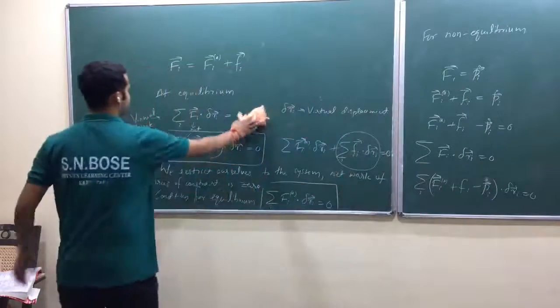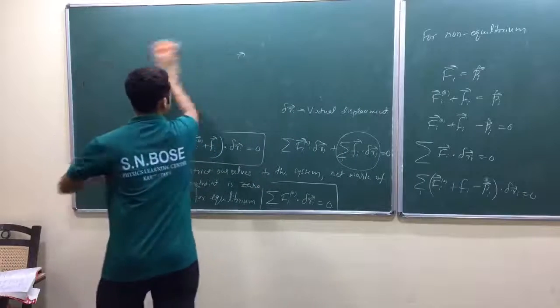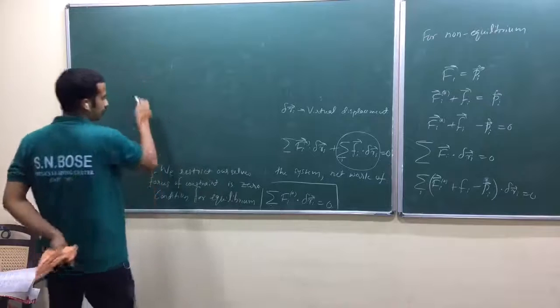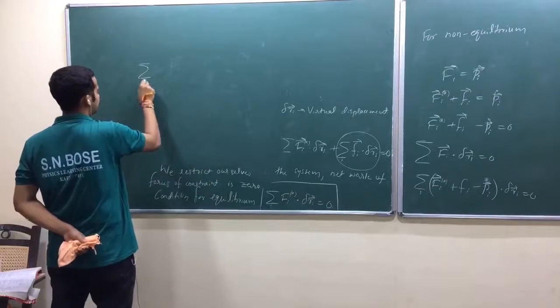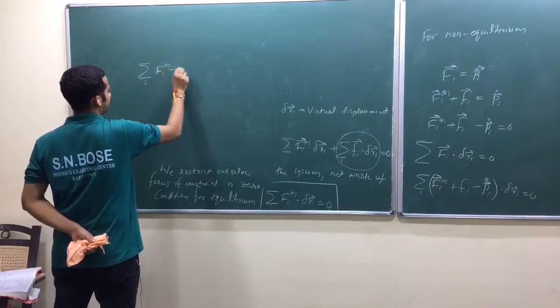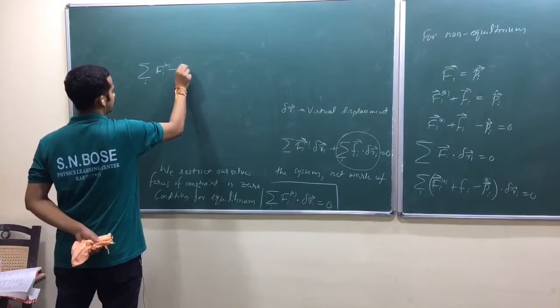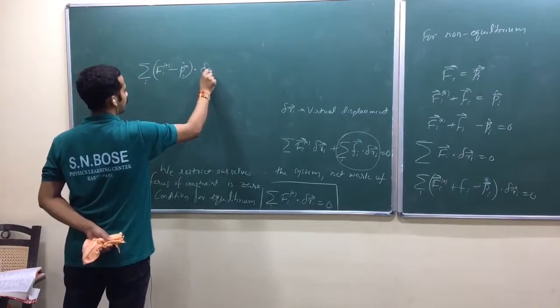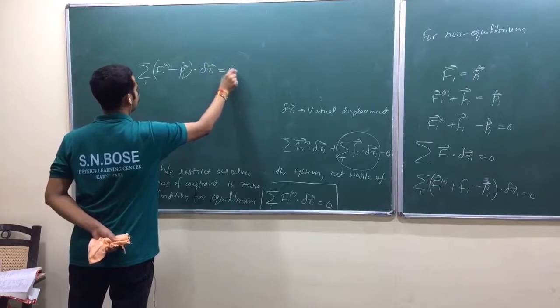It is there in the book, so let me make it brief. Ultimately your equation would be like this: Fi applied minus Pi dot, delta Ri is equal to 0.